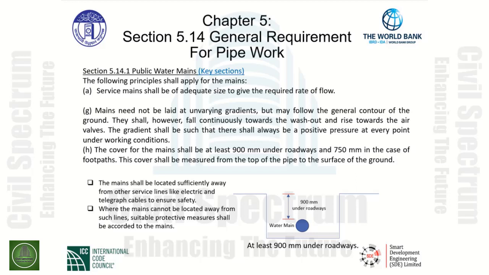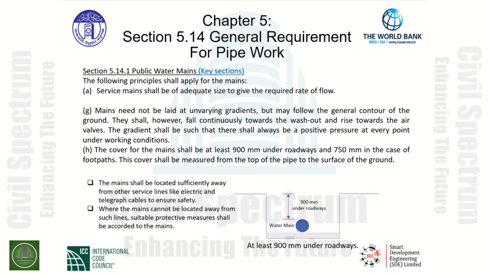Item G, mains need not be laid at unvarying gradients, but may follow the general contour of the ground. They shall, however, fall continuously towards the washout and rise towards air valves. The gradient shall be such that there shall always be a positive pressure at every point under working conditions.